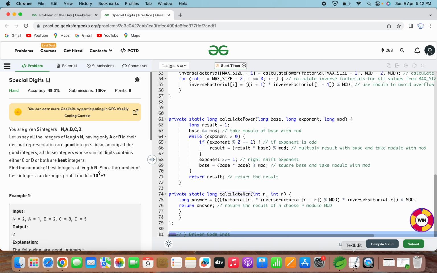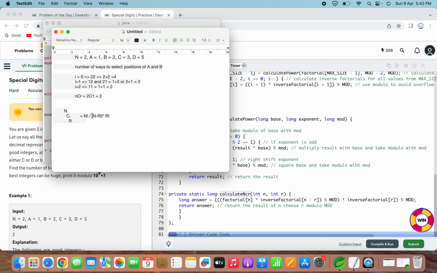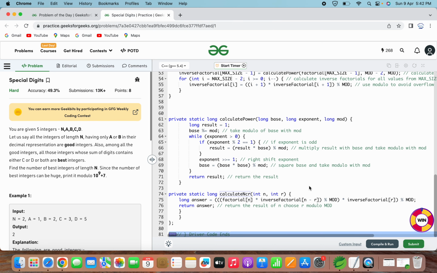So whatever was there in the denominator part of this formula, we are computing using inverse factorial here. Okay, so the inverse factorial array is computed using the formula: inverse factorial of i is equal to i plus 1 into inverse factorial of i plus 1 mod mod.